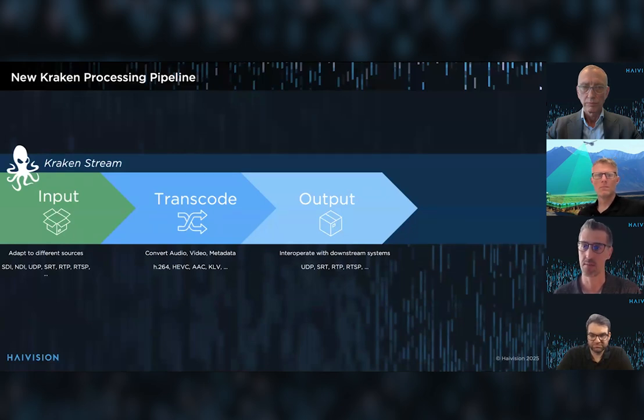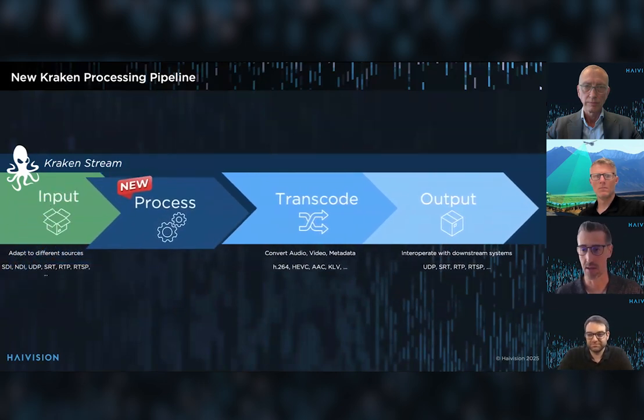And in the middle, be able to use that battle-hardened, 14 years of experience of seeing malformed and dropped packet data to robustly transcode and adapt that video so that it is able to be seamlessly delivered to that downstream endpoint. So as part of this, our evolution of Kraken, we've now added the ability to do processing inline.